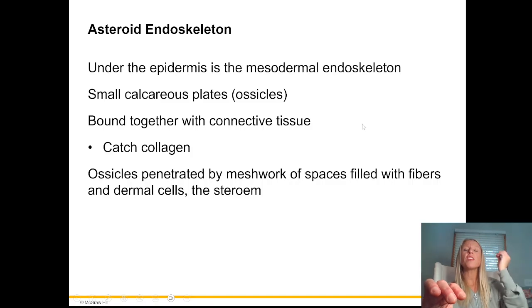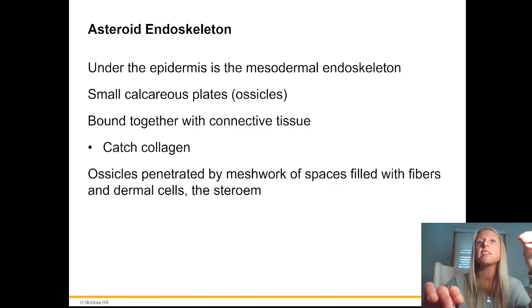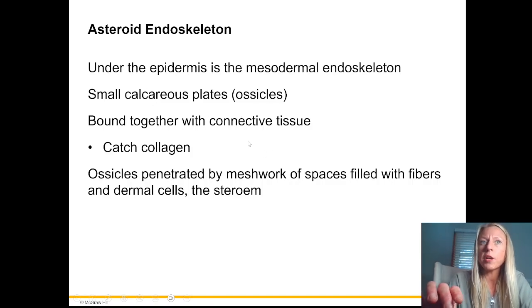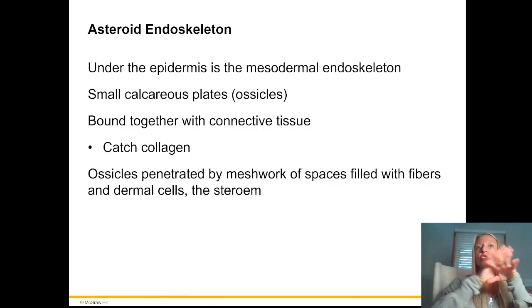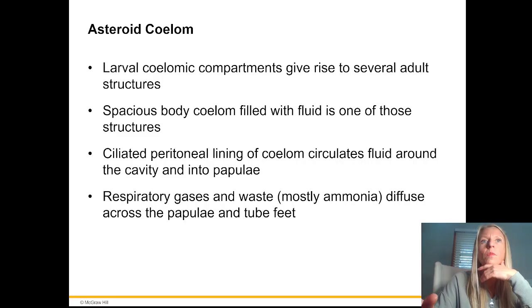Under the epidermis is a mesodermal endoskeleton. They also have small calcareous plates or ossicles that are bound together with collagen, our favorite protein. The ossicles have a meshwork of spaces filled with fibers and dermal cells called the stroma.